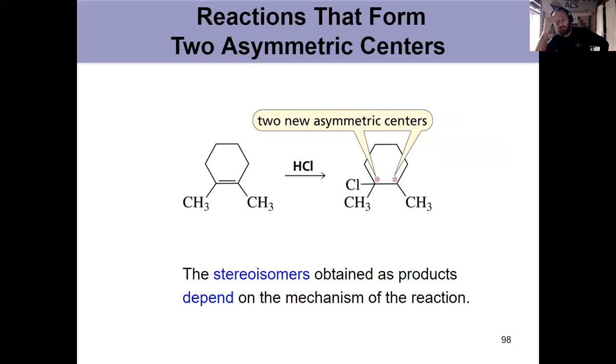If you go from 0 to 2 asymmetric centers, and you go via a carbocation intermediate, you end up getting 4 stereoisomers, all 4 of them. And you should know by now in chapter 6 that the addition of HCl to an alkene occurs via a carbocation intermediate. So does the acid catalyzed addition of water.